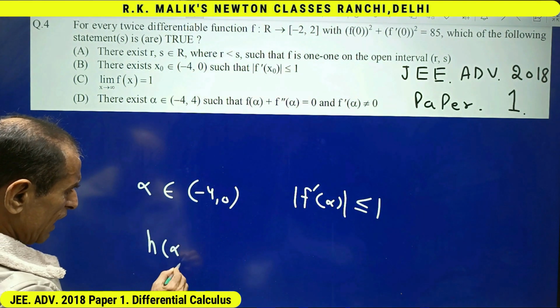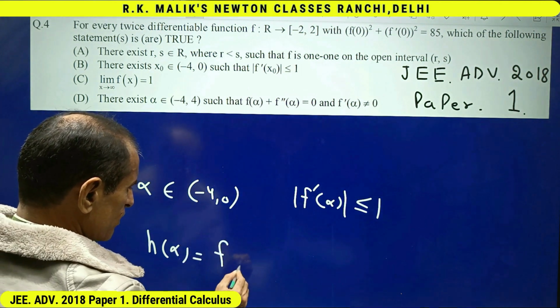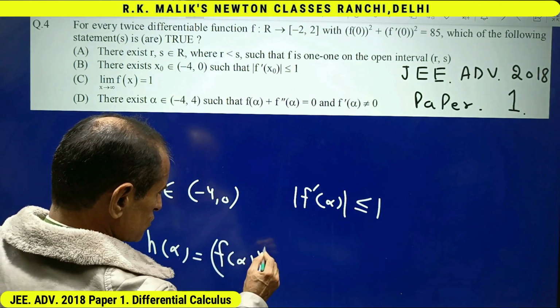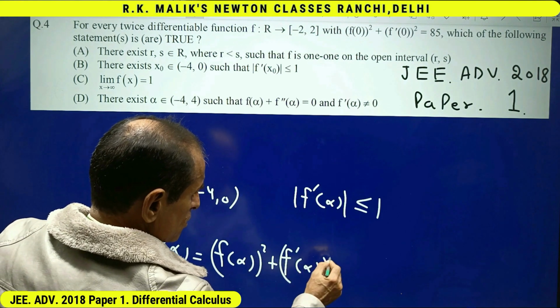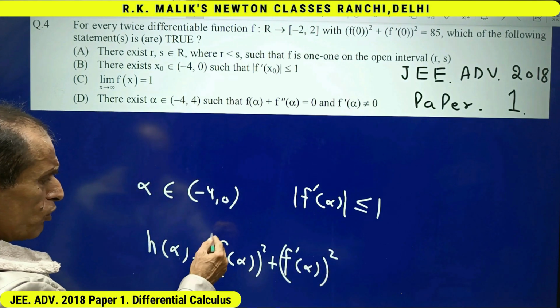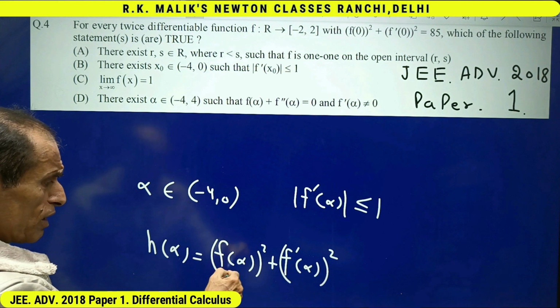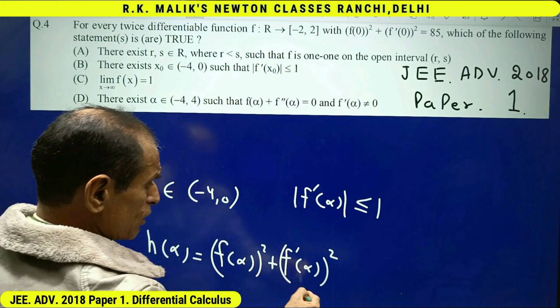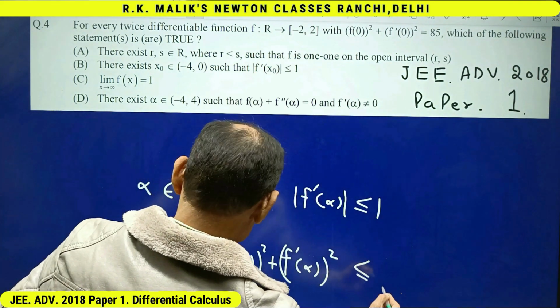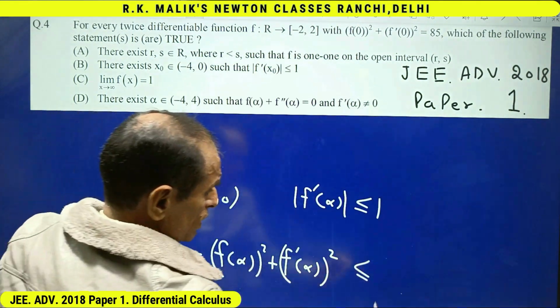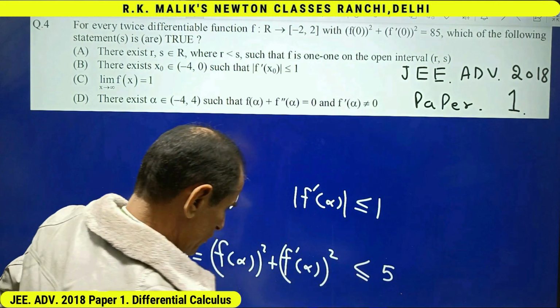alpha such that h alpha, which is equal to f alpha square plus f dash alpha square, and because the value of this is sure to be less than or equal to 4, and the value of this is sure to be less than or equal to 1, the value of h alpha will be surely less than or equal to 5.